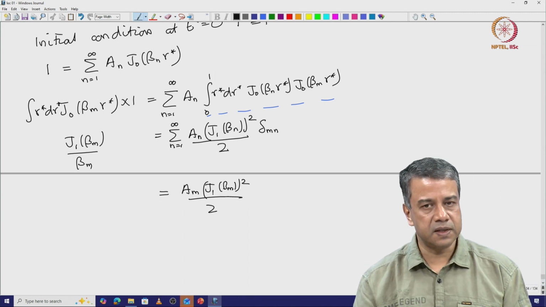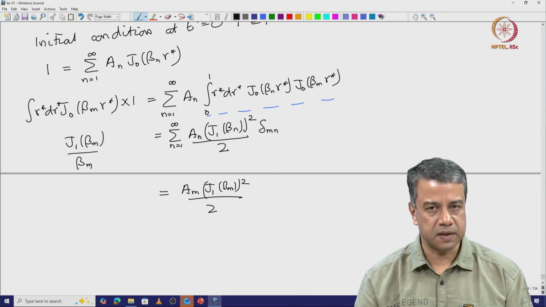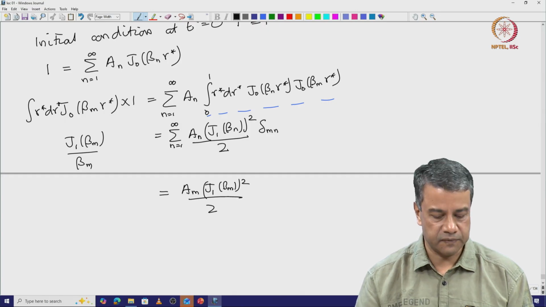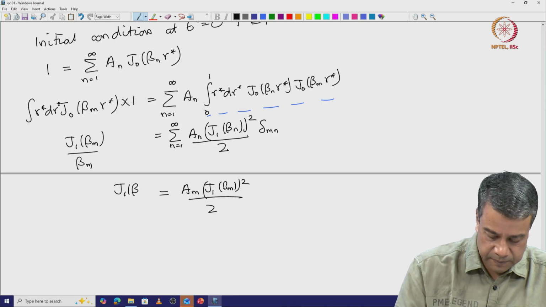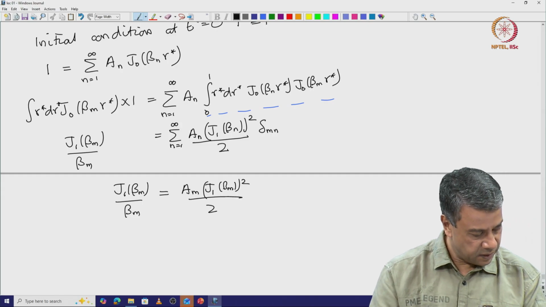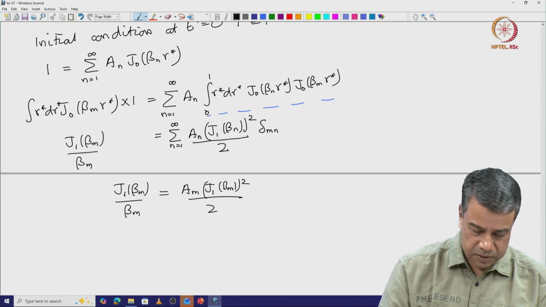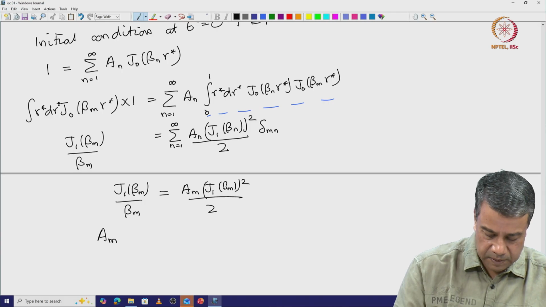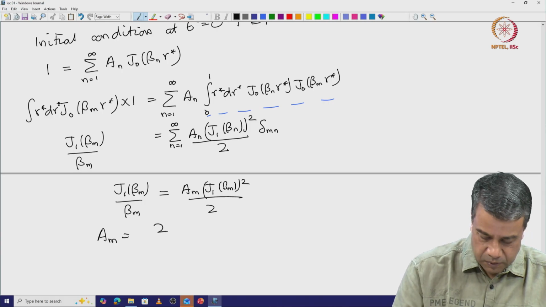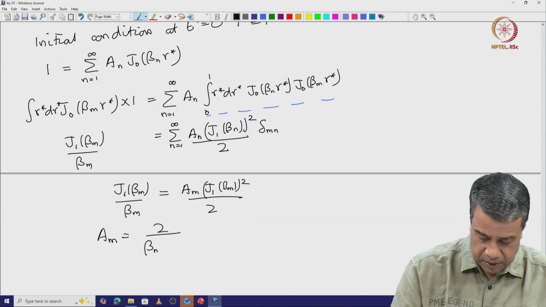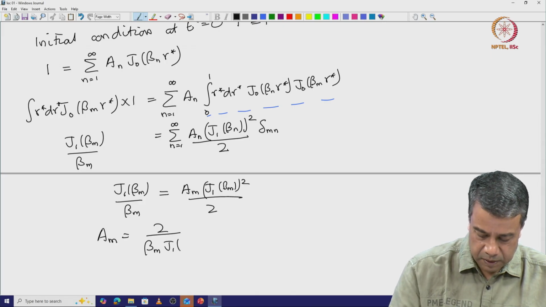The way to calculate this integral is not obvious here. It is a little complicated, you have to use special functions, but if you do that, finally you will get J1 of beta m by beta m. So, therefore, I get the coefficients a m is equal to 2 by beta m J1 of beta m.